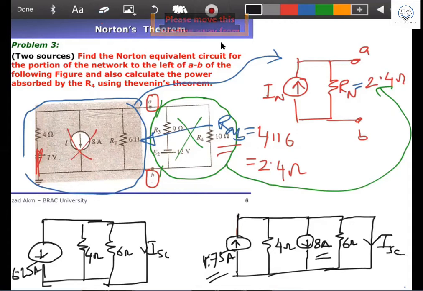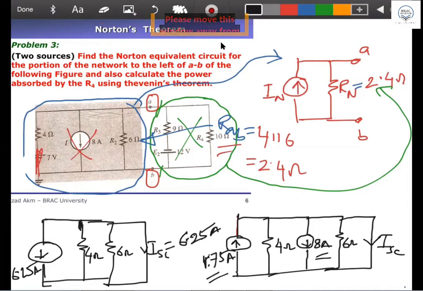Can anybody tell me what is the value of I short circuit now? Yes, sir, 6.25 ampere. Excellent, good. Do all of you agree?